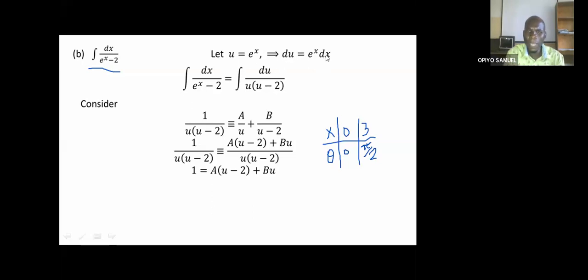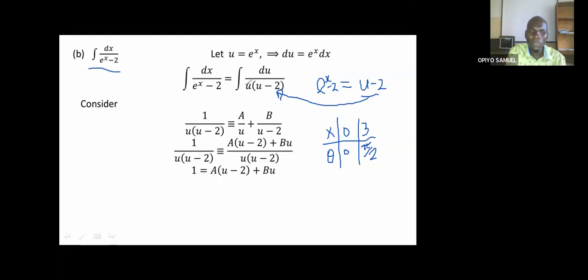Which means from here you can see that e to power x, remember e to power x equals u. So e to power x minus 2 becomes u minus 2. So that is how the u minus 2 has come. This u minus 2 here, that's how it has come.